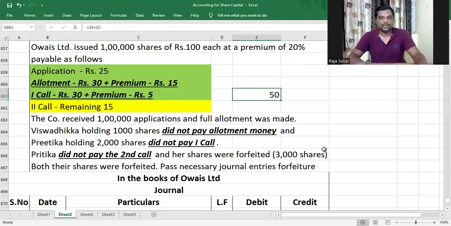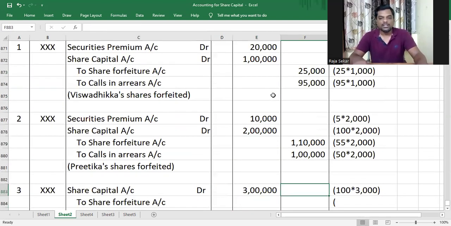So totally she would have paid what, my dear children? She would have paid 25 plus 45 plus 35. But out of the 105, 20 rupees was paid by her as premium. Am I right or not, my dear children? So what she has paid as capital is only 85. That will be credited to share forfeiture account, 85 into 3,000.